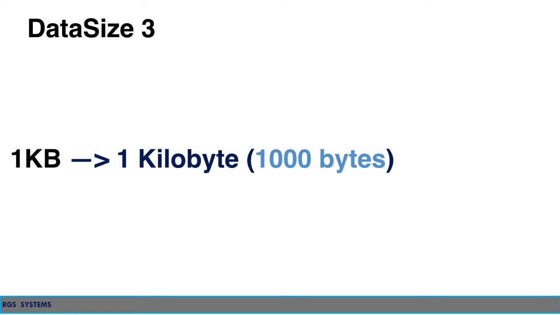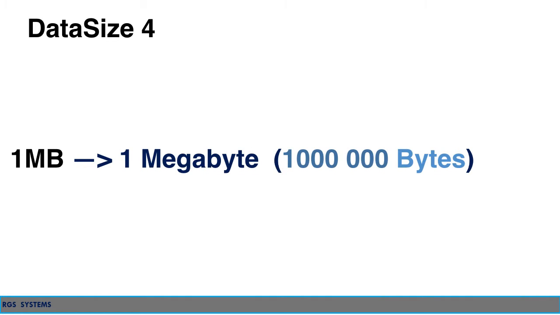When you go back to the file and right click and see the properties, you could see the file size in kilobytes. So what happens if the file content exceeds from a few lines to a few pages? That's where we are talking about megabyte.